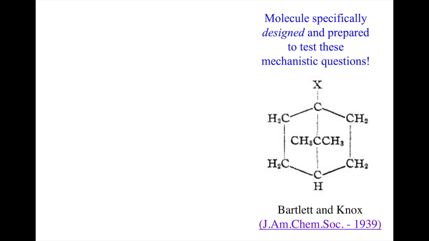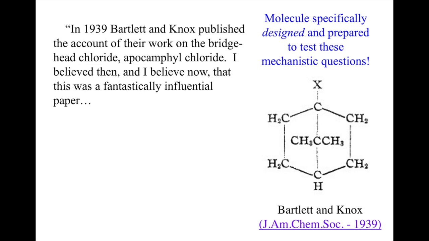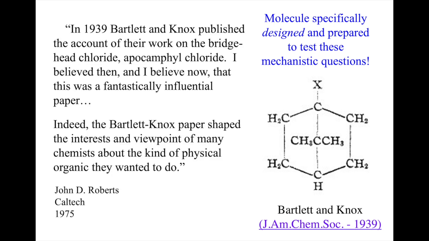And this was one of the first times in the field's history that somebody made a molecule in the lab specifically to answer a mechanistic question. This is at the birth of synthetic chemistry overall. This was an amazing watershed paper, described in the 70s by another titan in the field: 1939, Bartlett and Knox published an account of their work on this.